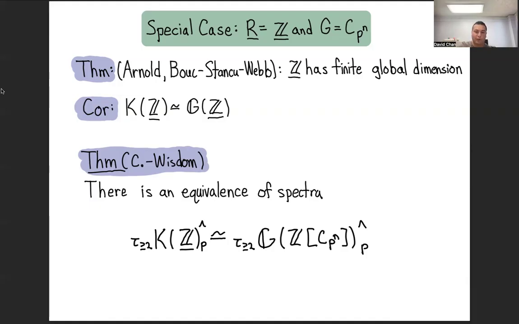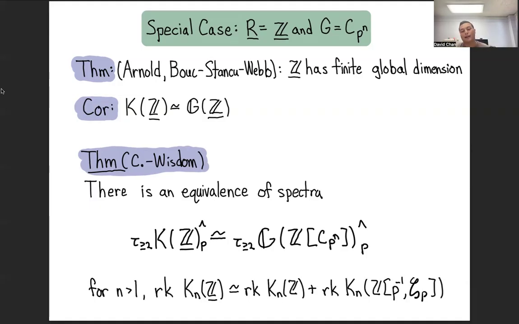In particular, you can compute the ranks of these things. So when n is bigger than 1, you can compute that the rank of Kn of constant Z is the rank of Kn of Z, the integers, which is known by work of Borel, and the rank of this other ring, the integers adjoin P inverse and a Pth root of unity.